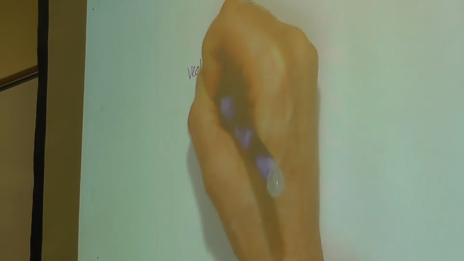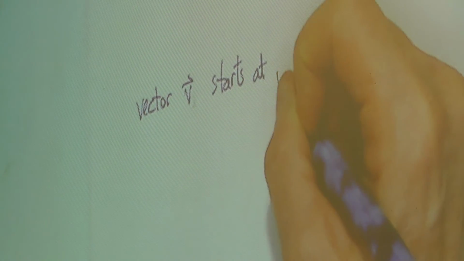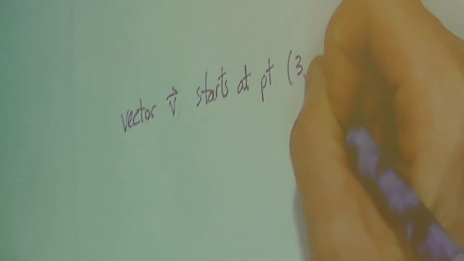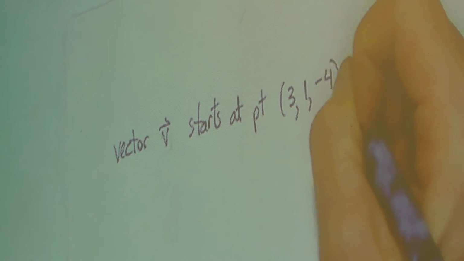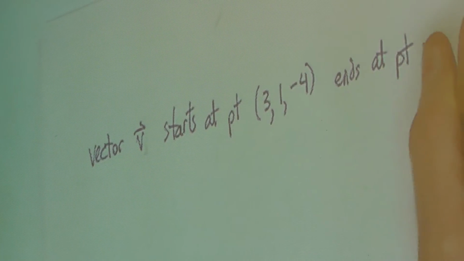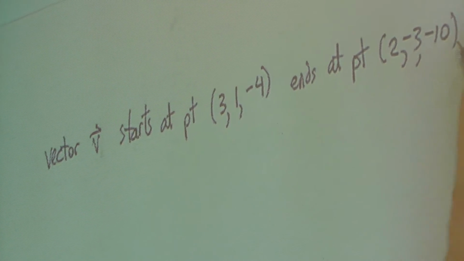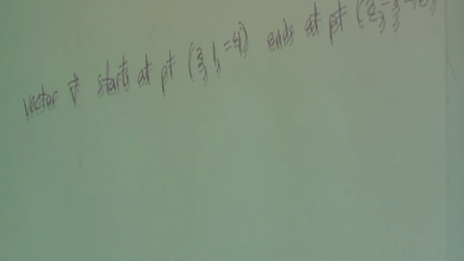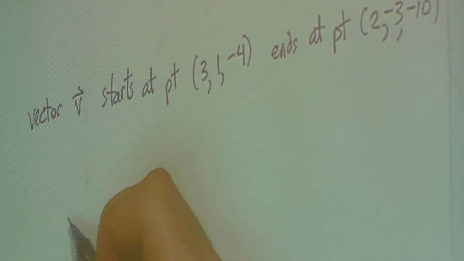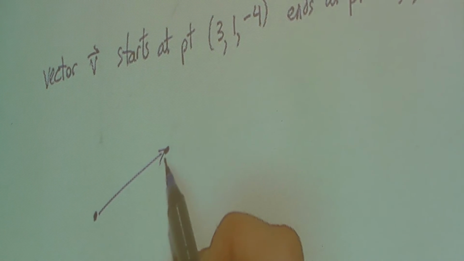Okay. If I have a vector, call it V, and I tell you, it starts at the point 3, 1, negative 4, and it ends at the point 2, negative 3, negative 10. So, I'm giving you a place where it begins and a place where it ends.